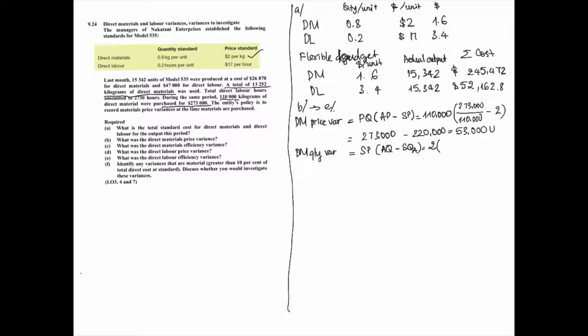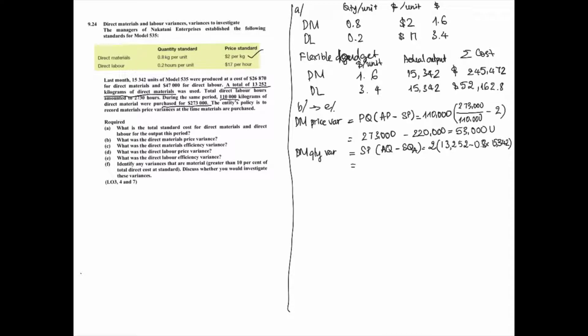So we have 13,252, and we minus the standard quantity given the actual output. So we know that per unit they use 0.8 kilogram, and then they produce 15,342 units.